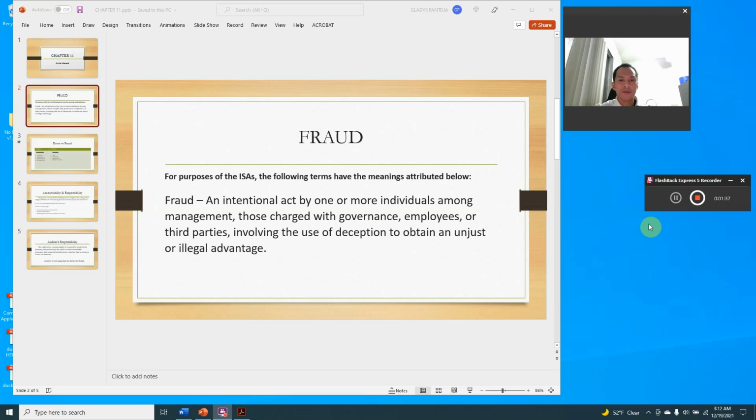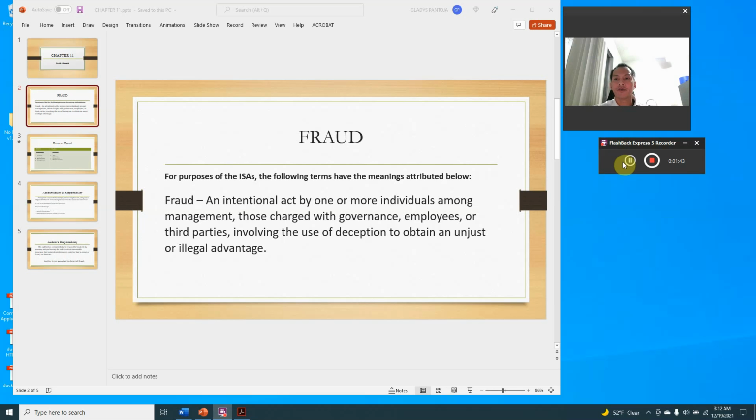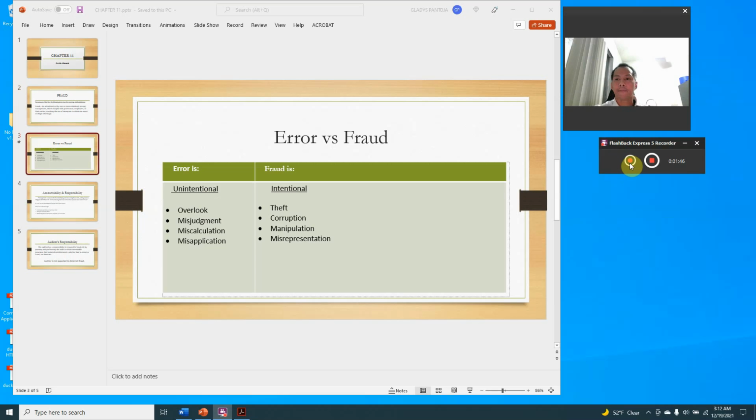To understand the meaning of fraud even more, we're going to differentiate fraud from error, also by providing some examples. So, what's the difference between error and fraud? When we say error, it means unintentional. There is no element of deception. You are not aware that there is a misstatement in the financial statement.